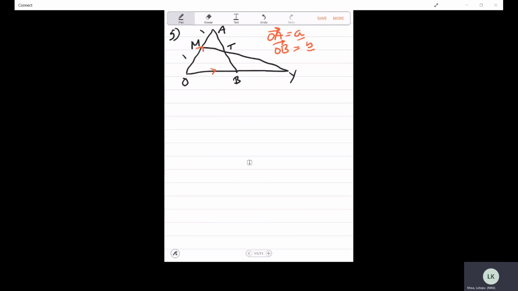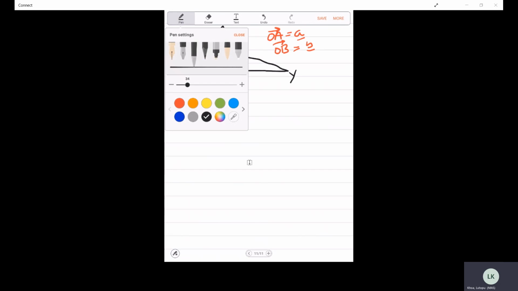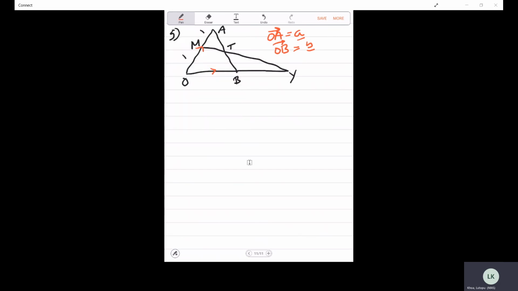T lies on AB, so T is over there, it lies on AB such that AT is equal to 2 over 3 of AB.